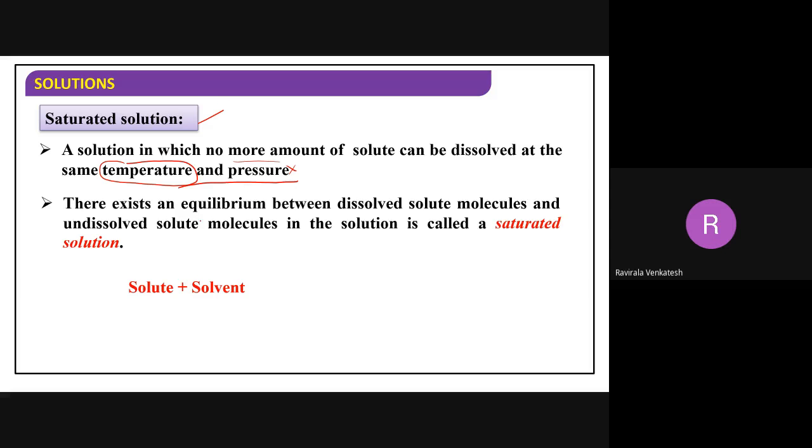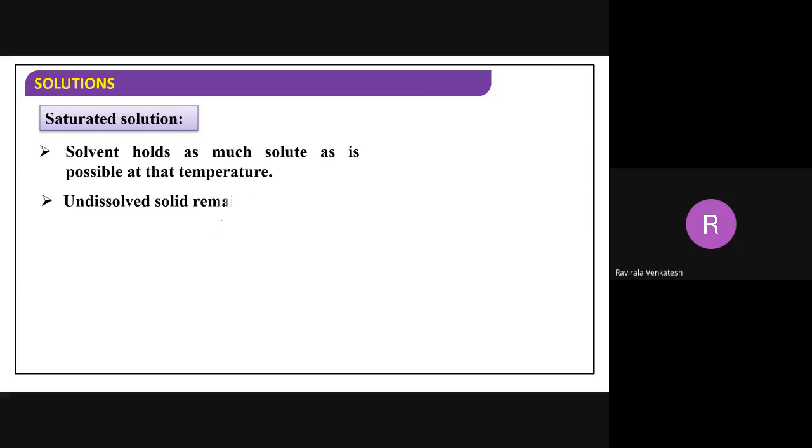Next, the existence of an equilibrium between dissolved solute and undissolved solute molecules in the solution is called a saturated solution. In a saturated solution, equilibrium will be there: dissolved converts to undissolved, undissolved converts to dissolved. The solvent holds as much solute as possible at that temperature, and undissolved salt remains in the flask.